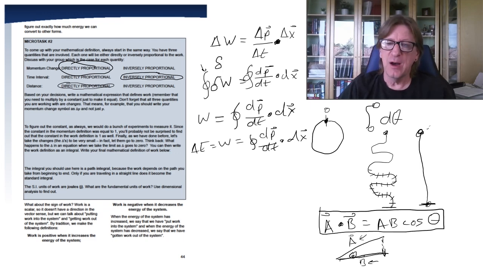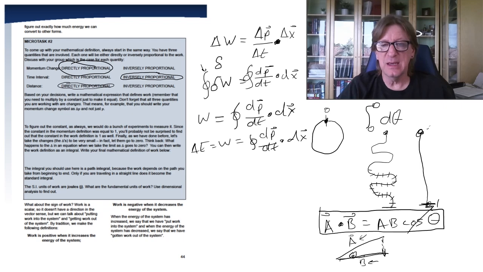All right, now my change in momentum must be in the same direction as my change in x. The vectors are not the magnitudes, but the directions. They have to be in the same direction, right? If I push something this way, its change in displacement is going to be in that same direction. So if the angle between them is 0, what is cosine theta? Well, cosine 0 is just 1.